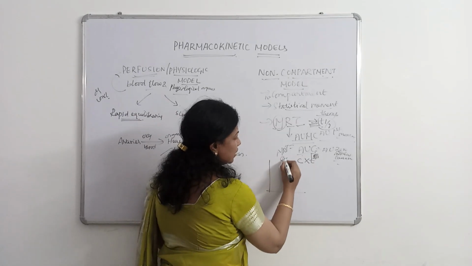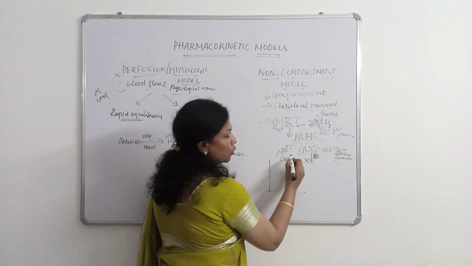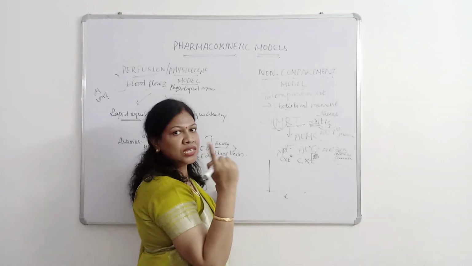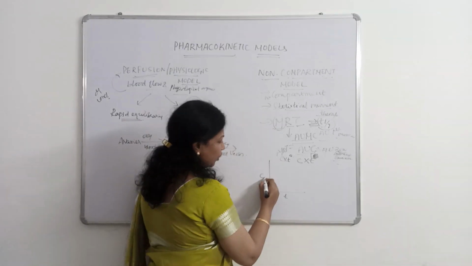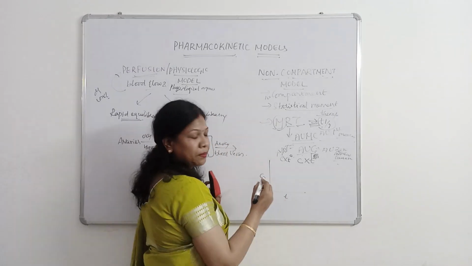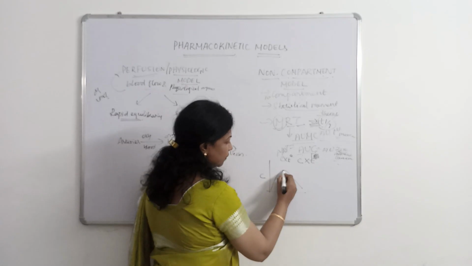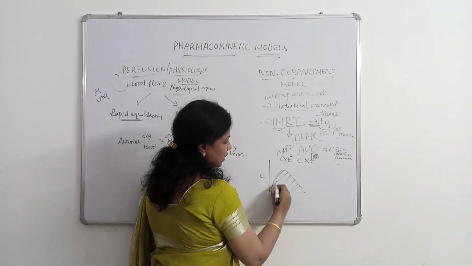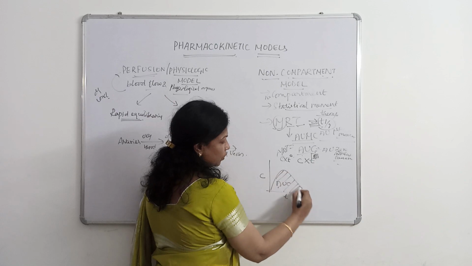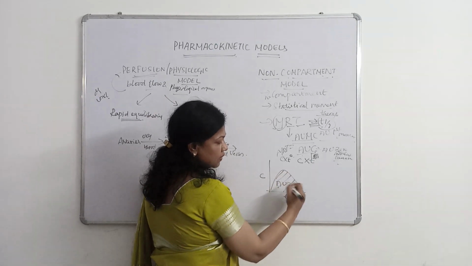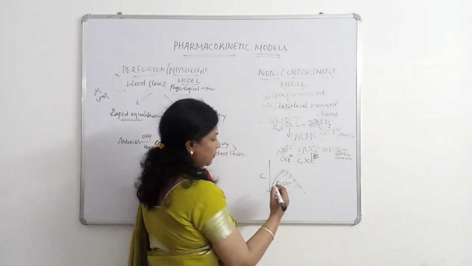When it is C into T to the power 0, T to the power 0 is 1, so C into 1 is C. When you plot the graph between time and concentration, you get a curve, and the area under this curve is AUC.